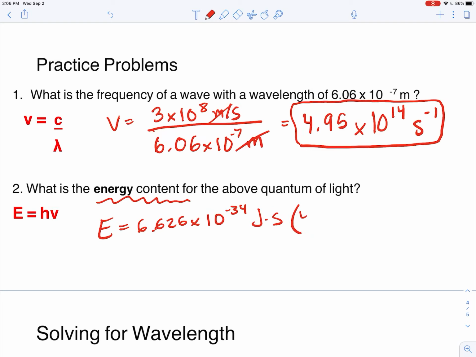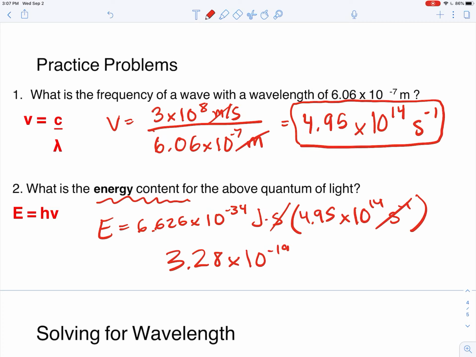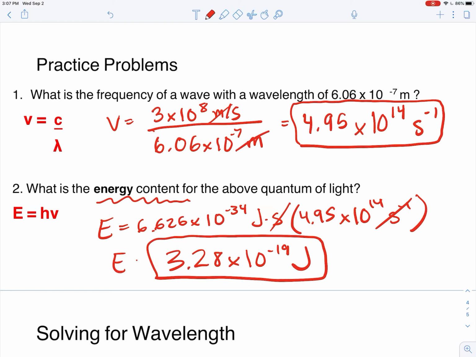And then we've got this number, 4.95. So here these seconds will actually cancel out, and if we punch that in our calculators, we get 3.28 times 10 to the negative 19 joules. So energy is expressed in joules.